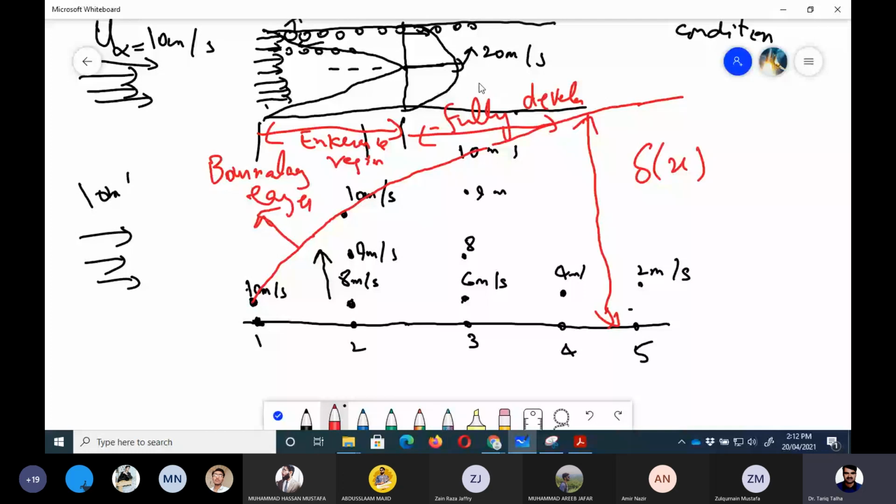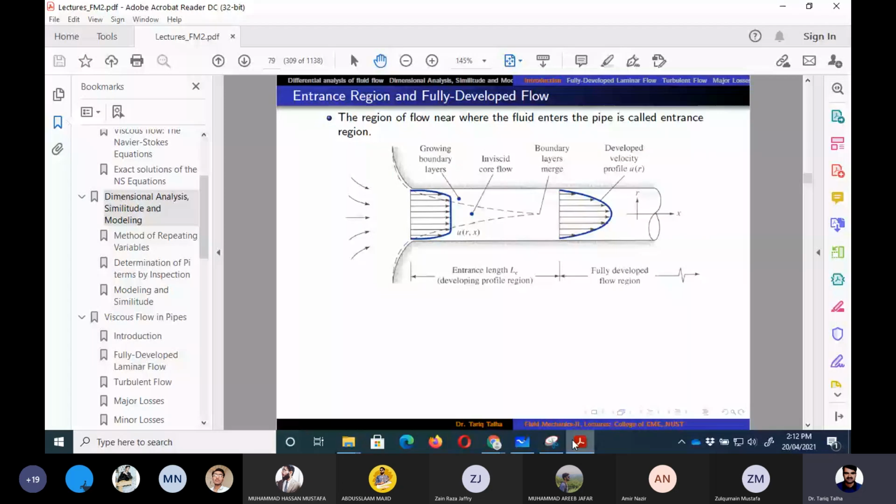You can see the growth of the boundary layer and the merger of the boundary layers at the center line, shown by this dotted line, and once they merge at the center, after that the flow is fully developed. So how can we define fully developed flow?